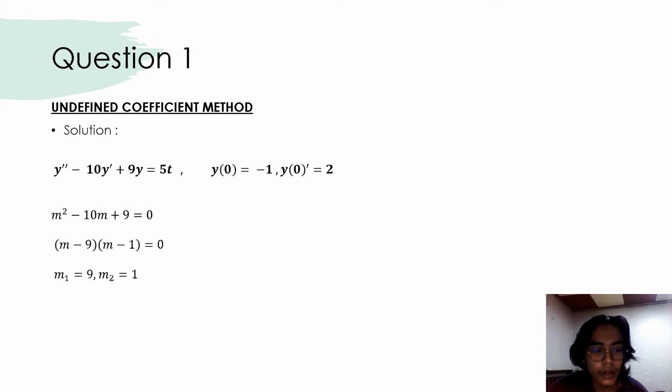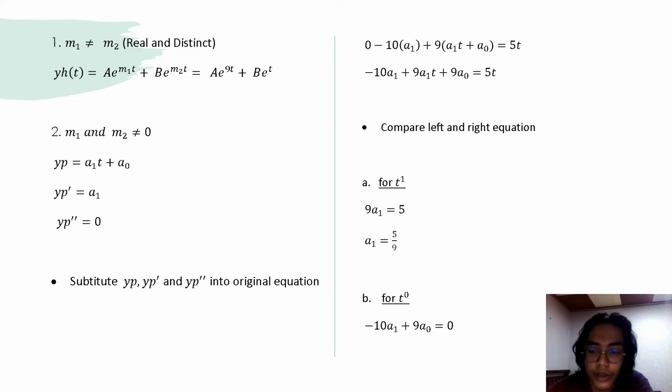And finally we got the answer: m1 is equal to 9 and then m2 is equal to 1. And after that, we can determine the equation, which is yh(t) is equal to ae power of 9t plus be power of t, because the value of m1 is not equal to m2, also known as real and distinct.